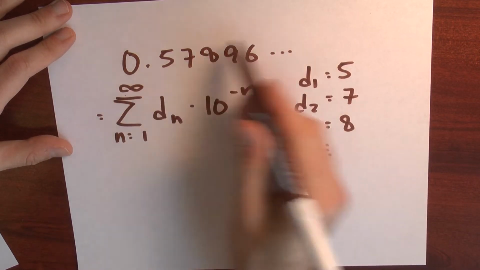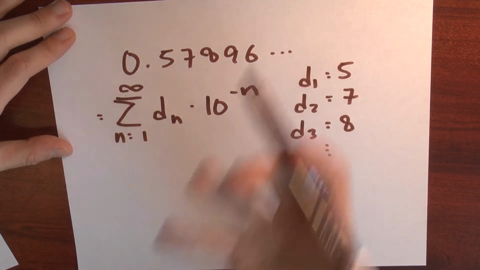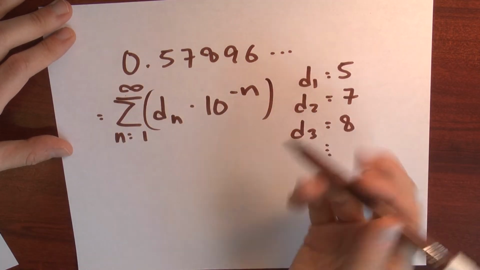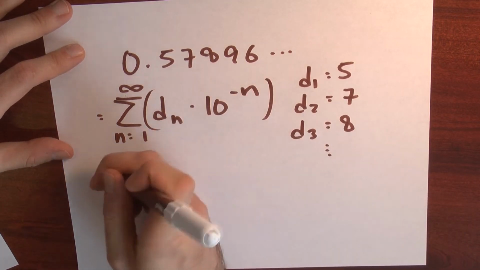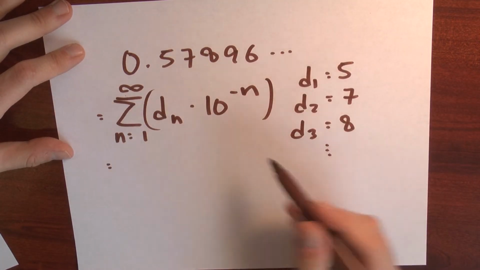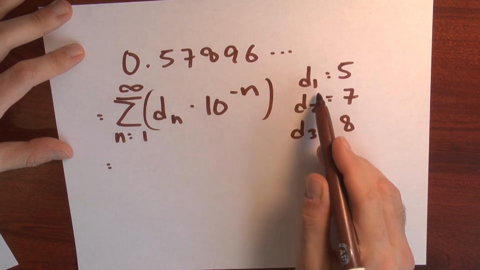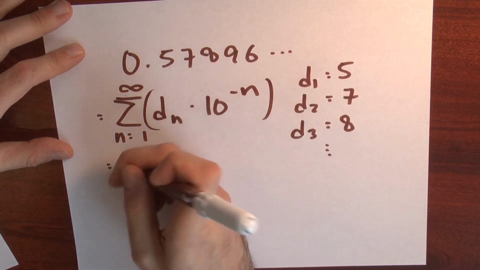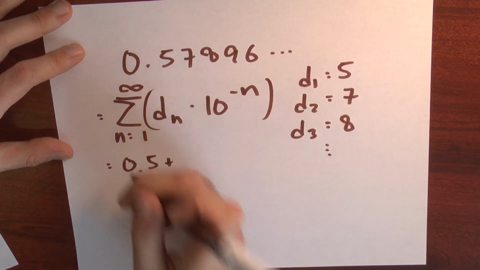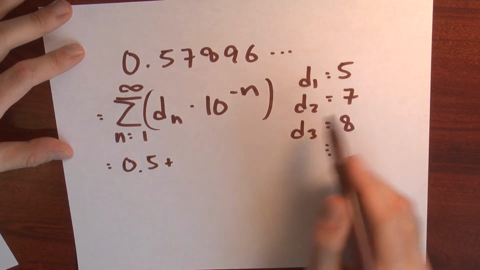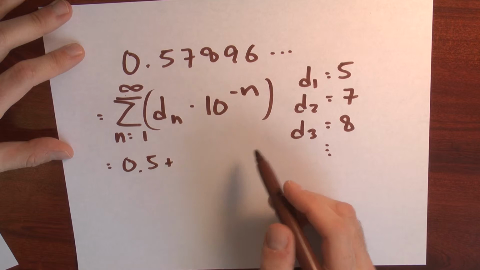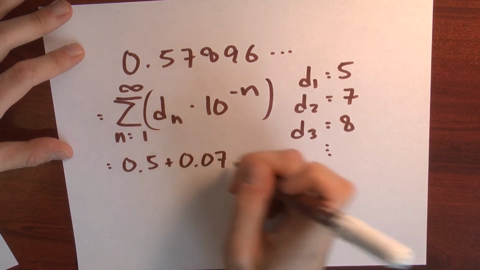So anytime I'm writing down a decimal expansion, I'm secretly writing down an infinite series just by adding up all the decimals. To make it a little bit clearer, let me write down the first few terms. N equals 1 and d sub 1 is 5 means that this is 0.5. And to 0.5, I'm adding the n equals 2 term, which is d sub 2 is 7 times 10 to the minus 2, which is 0.07.